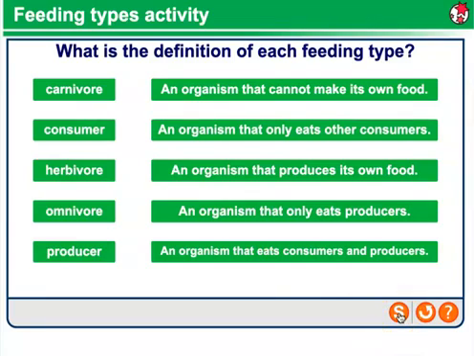An organism that only eats other consumers. Is that a carnivore, a consumer, an herbivore, an omnivore, a producer? An organism that produces its own food. An organism that only eats producers. And finally, an organism that eats consumers and producers.